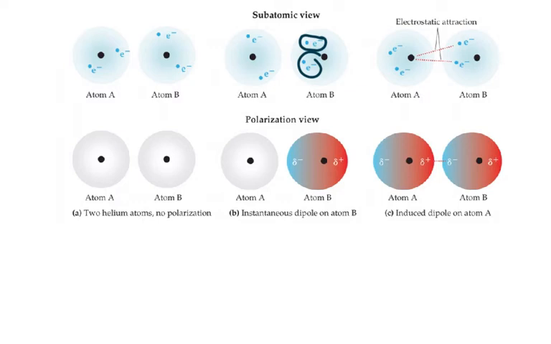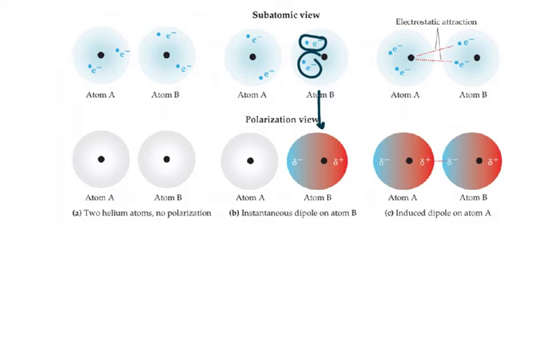For a split second, atom B has become polarized. Notice on the bottom over here how for that split second when the electrons are on the left side, represented by the blue shade, it has become what is called a temporary dipole. It becomes partially negative on one side and the other side is partially positive.